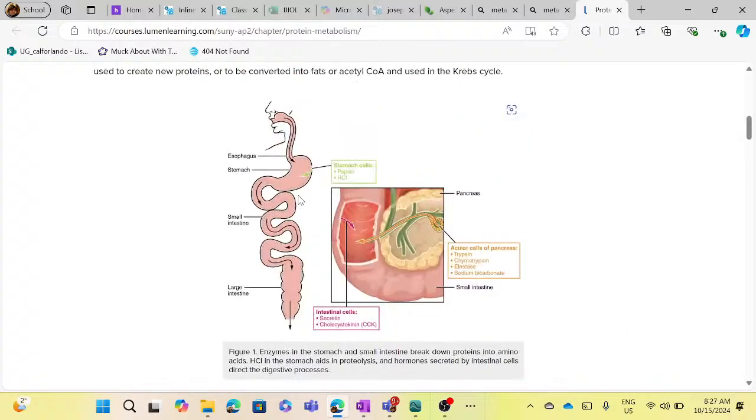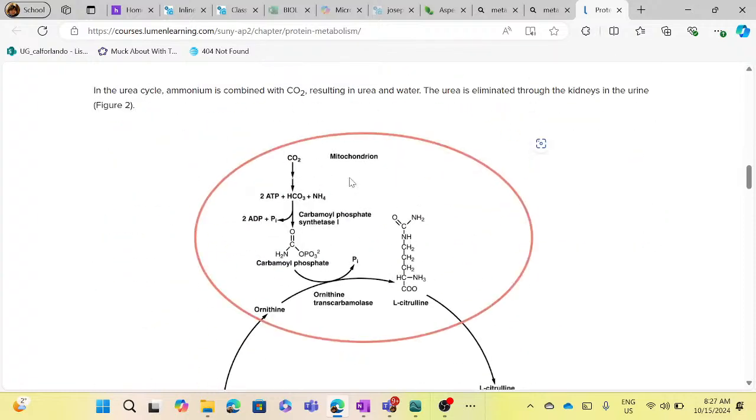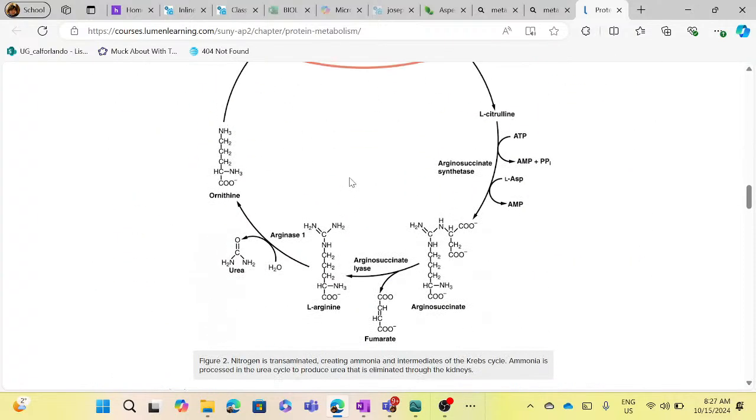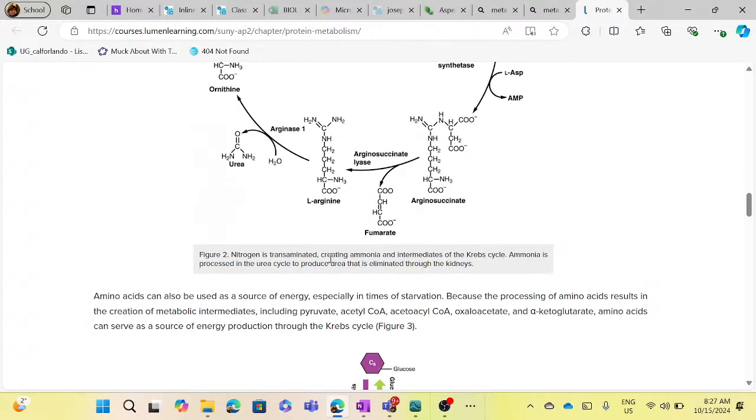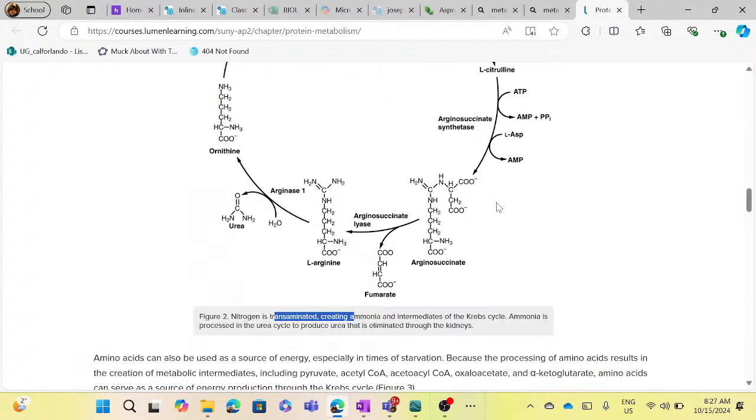Right? So when we eat food, it gets digested in our mouths and our stomachs. It enters the small intestine where absorption happens, right? But if you look here, there's an entirely different process by which proteins enter into the metabolic pathways from which we get energy, right?